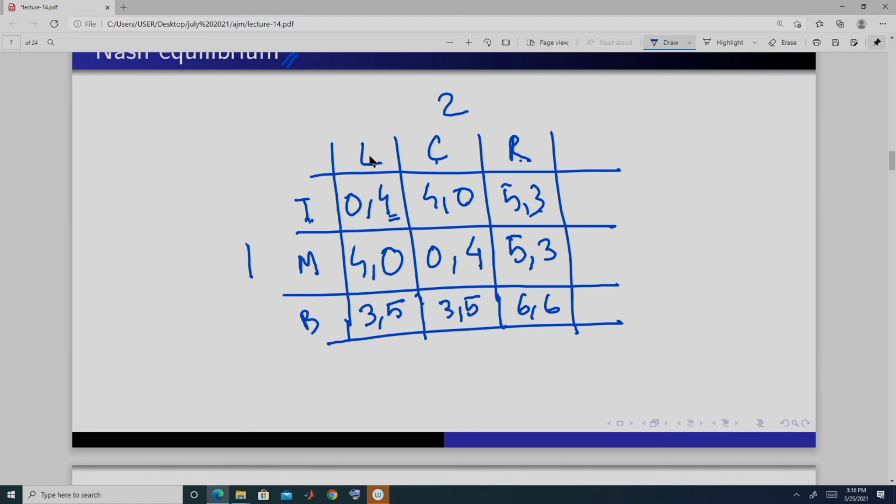Now, suppose player 1 thinks that if I play T, then player 2 is going to choose L. If player 2 chooses L, what is my best response?